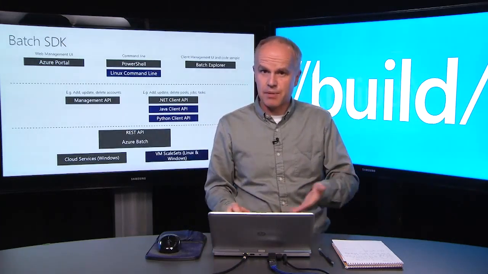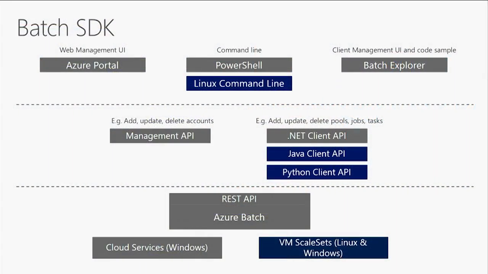So what I'm excited about, and we'll move to the next demo, is we've recently made available Linux. So they really allow you to use Azure Batch and create pools with Linux VMs in addition to the Windows VMs. So for that, we're using the Azure Scale Sets offering, and we build on top of that.